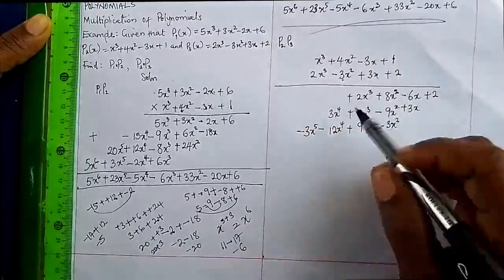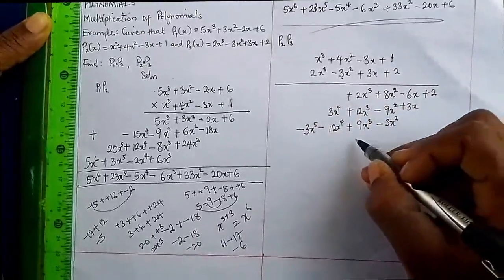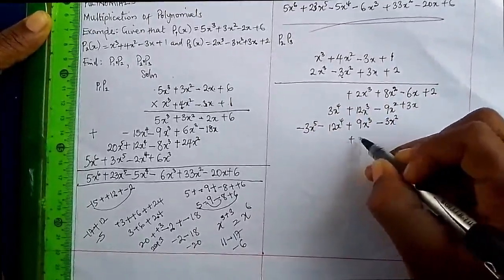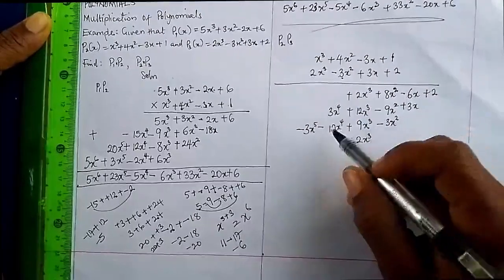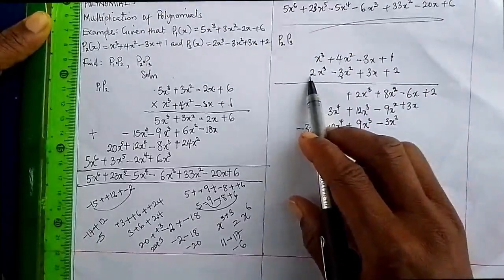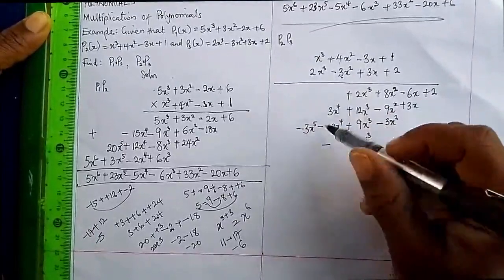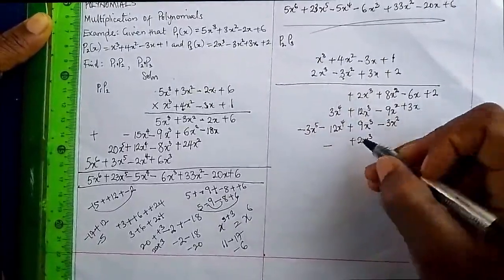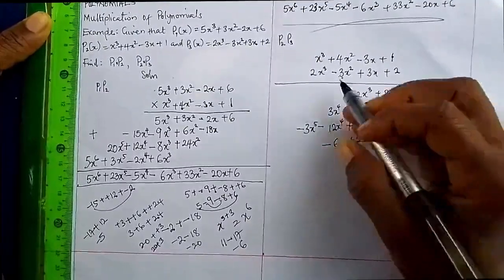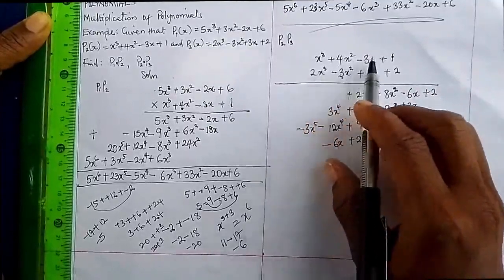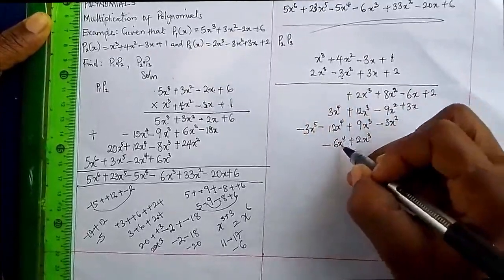2x cubed multiplied by 1. So we have plus 2x raised to the power of 3. Then 2 times minus, that's minus. 2 times 3 is 6x. 6x cubed multiplied by x, that's x raised to the power of 4.